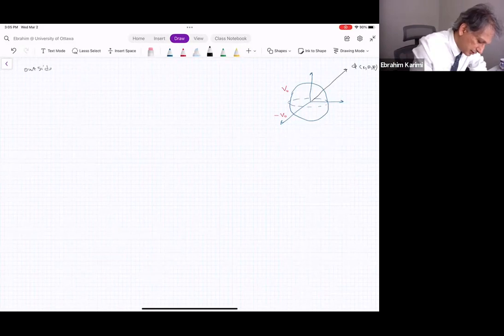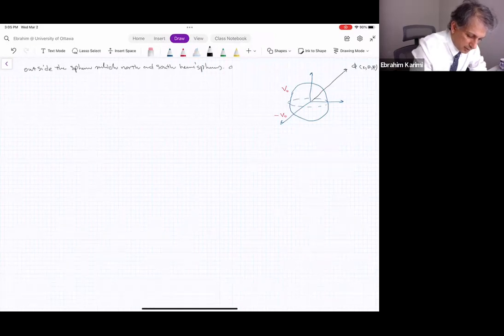Outside the sphere, where the north and south hemispheres are kept at potentials of V0 and minus V0 respectively.